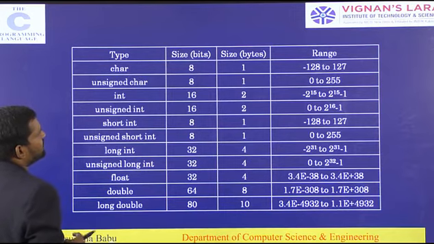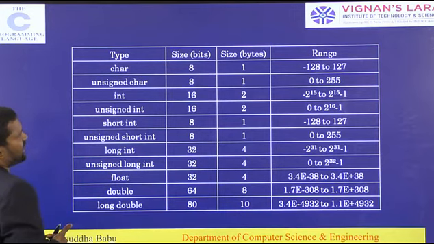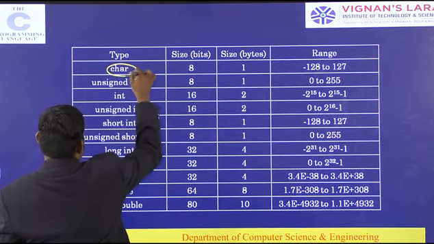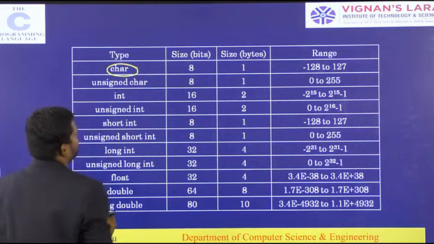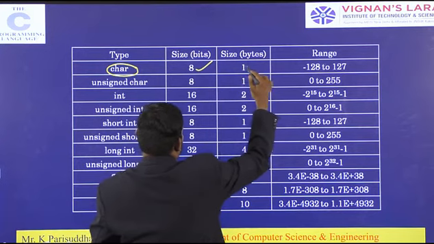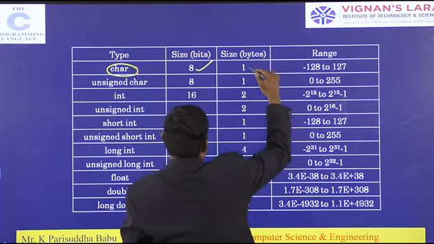The minimum size occupied in bytes is by the character data type. Char is a data type which stores only 8 bits of data, that is, 1 byte.